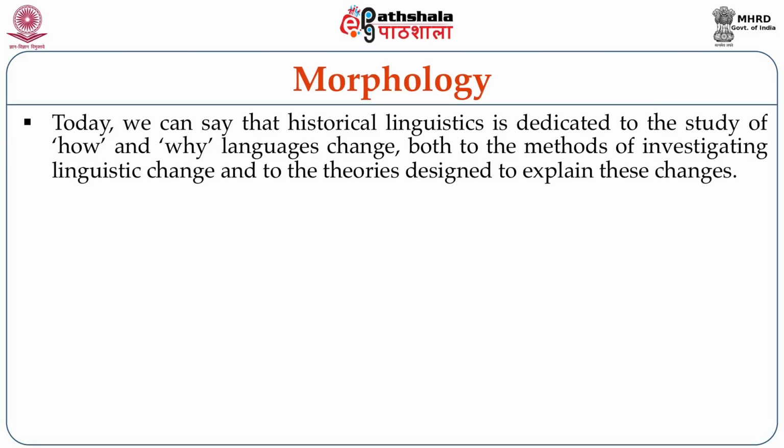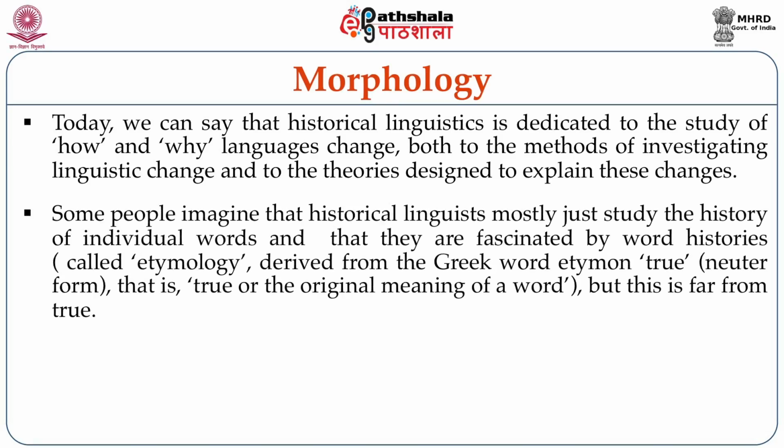It is dedicated both to the methods of investigating linguistic change and to the theories designed to explain these changes. Some people imagine that historical linguists mostly just study the history of individual words and that they are fascinated by word histories called etymology, derived from the Greek word etymon, the neuter form of etymos, meaning true, or the original meaning of a word.